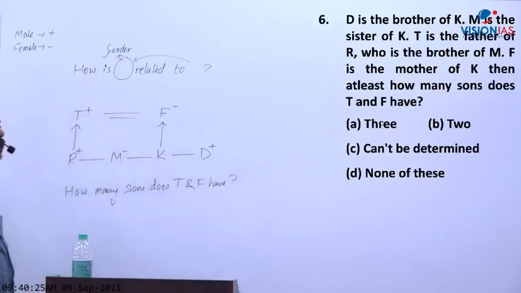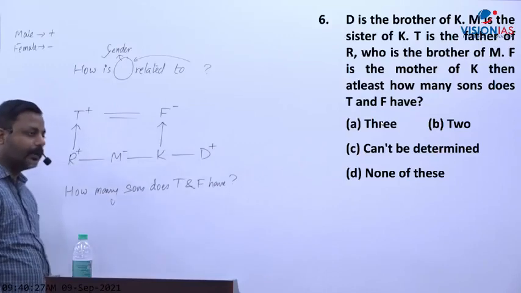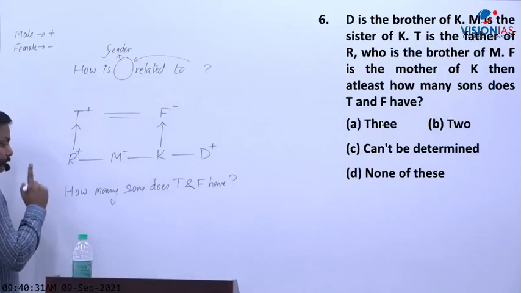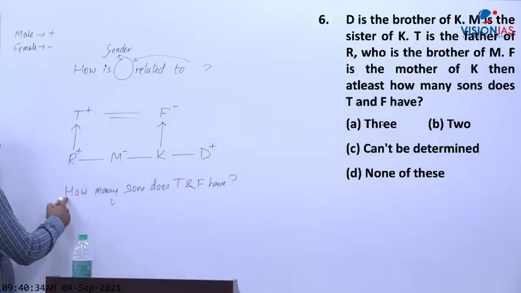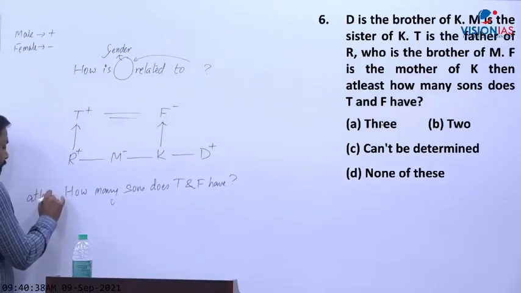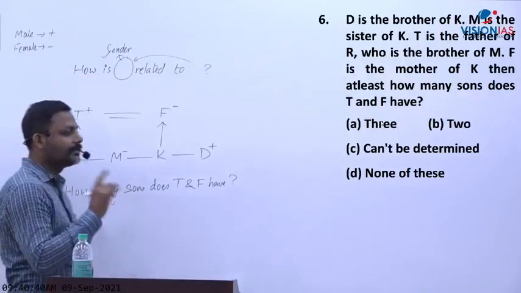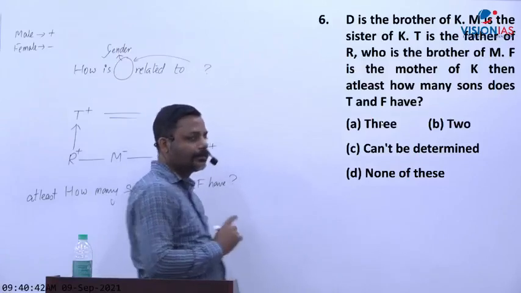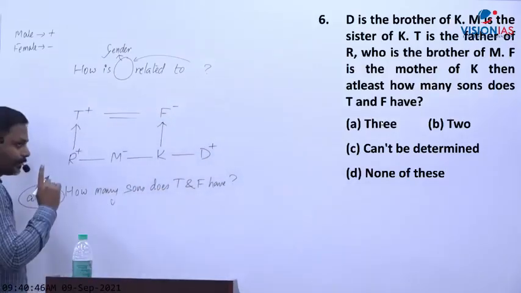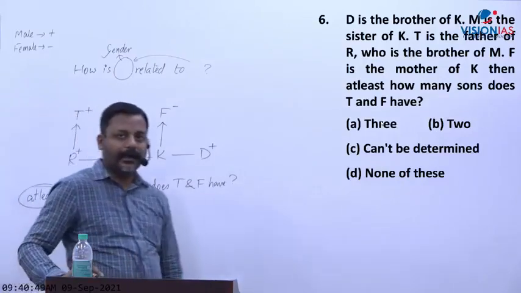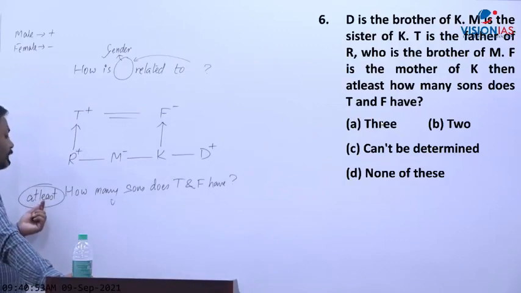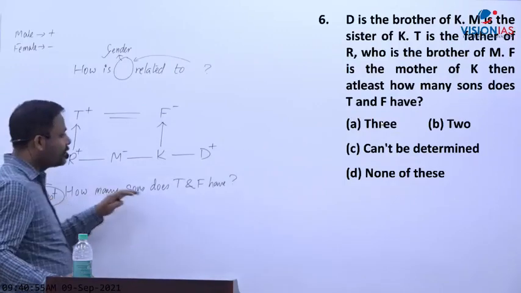Before this particular word, one more term is there, and that is "at least". So try to read the question properly and completely. We have to consider each and every word of the question. The question is, at least how many sons do T and F have?